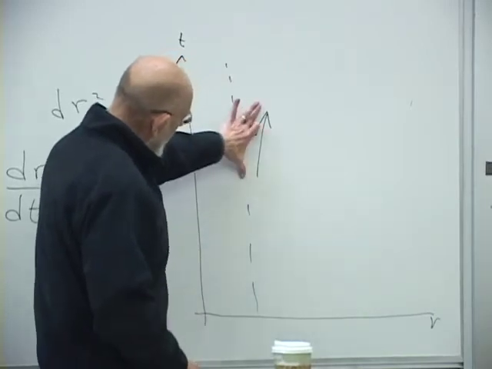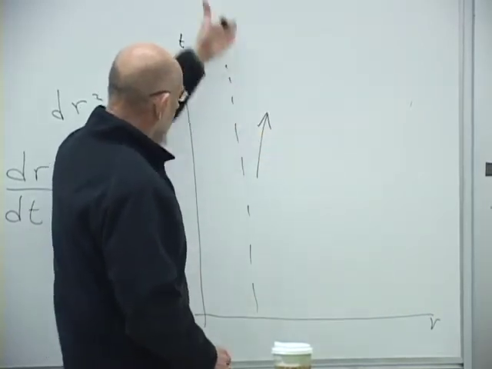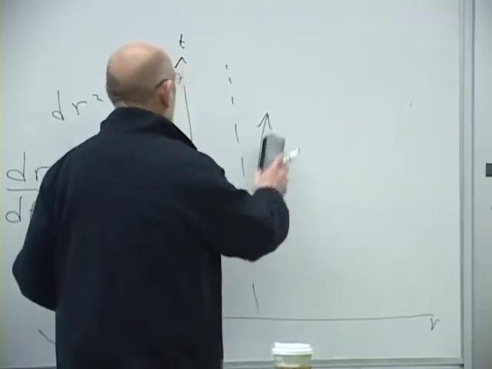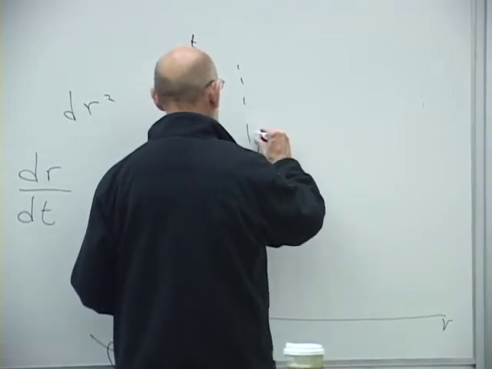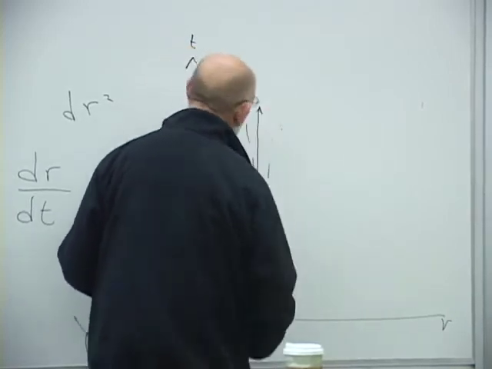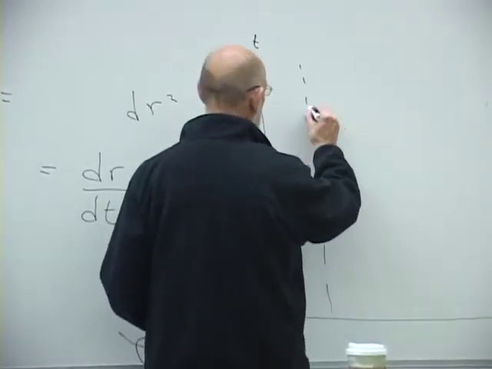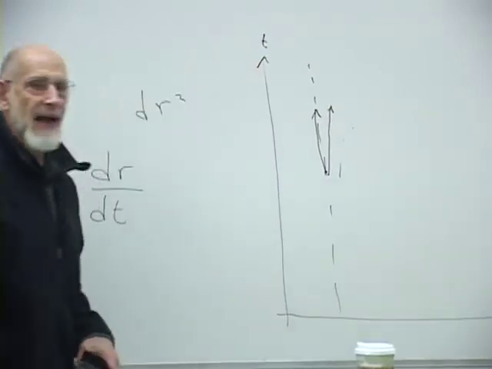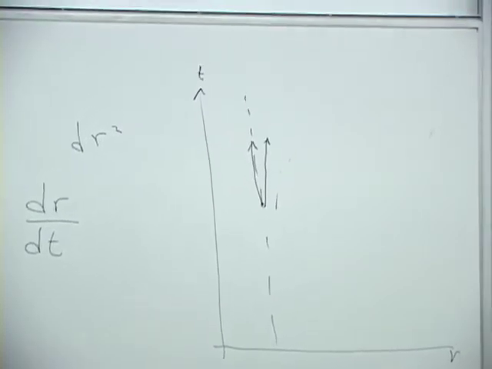In a given amount of time, they move a smaller distance. Being upright here means moving slowly. And as you get very close to the horizon, the light rays hardly move at all. And right on the horizon, the light rays just stand still. Or the light rays that are trying to get out just stand still. Okay? So they don't get out.